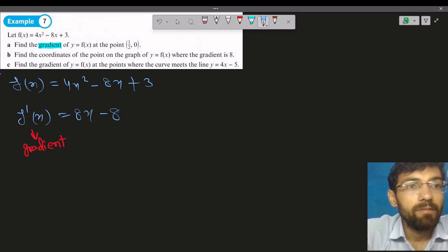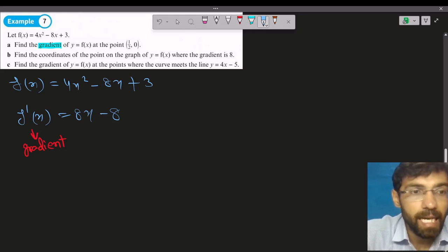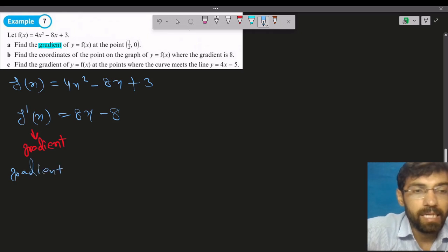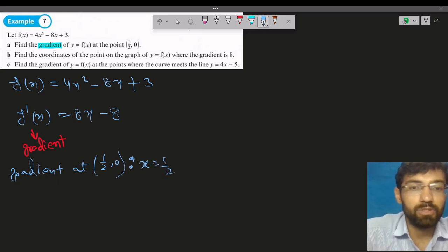So yes, find the gradient of y equals f of x at the point x equals, okay, so we need the gradient at this particular point, which means 1 by 2, comma 0. It means x equals 1 by 2. So we need the gradient at x equals half.